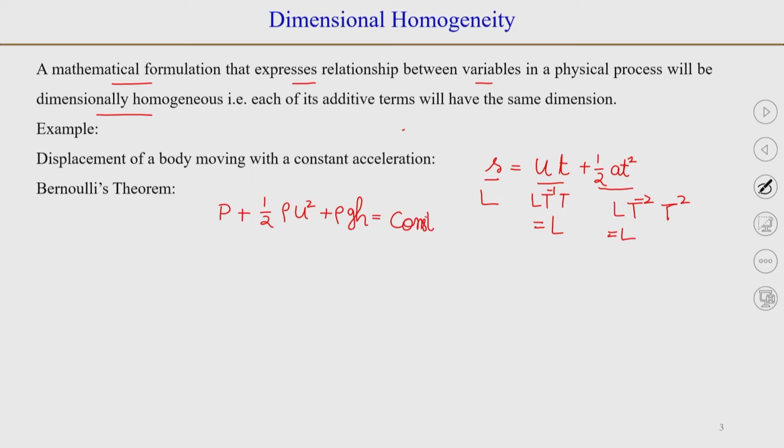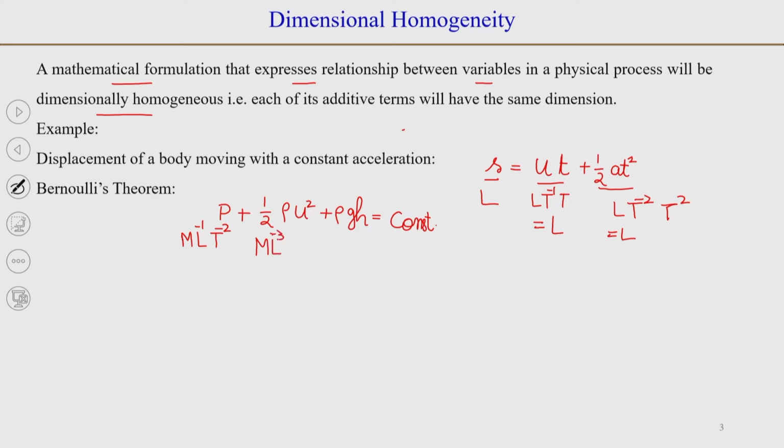If we look at this statement, the dimensions of each of these will be that of pressure, force per unit area. So, it will be m L raised to the power minus 1 T raised to the power minus 2. Similarly, rho u square: rho is m L raised to the power minus 3, and u square is L raised to the power 2 T raised to the power minus 2.